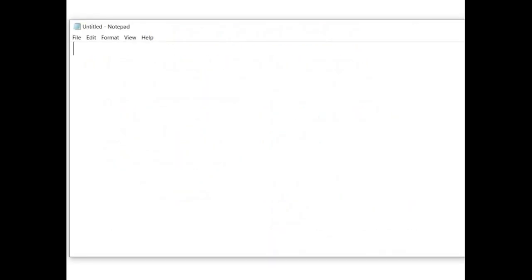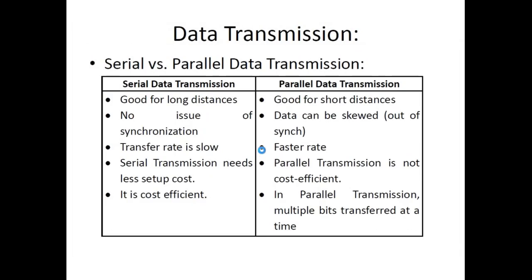See, what happens is that when you are sending data over multiple wires, like you are sending this message, for example, sometimes if you are sending the message over a very long distance, the wires sometimes bend over.